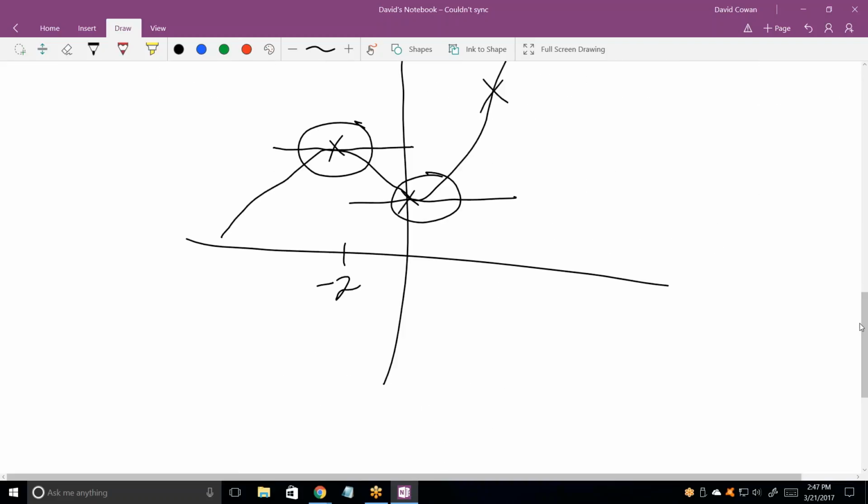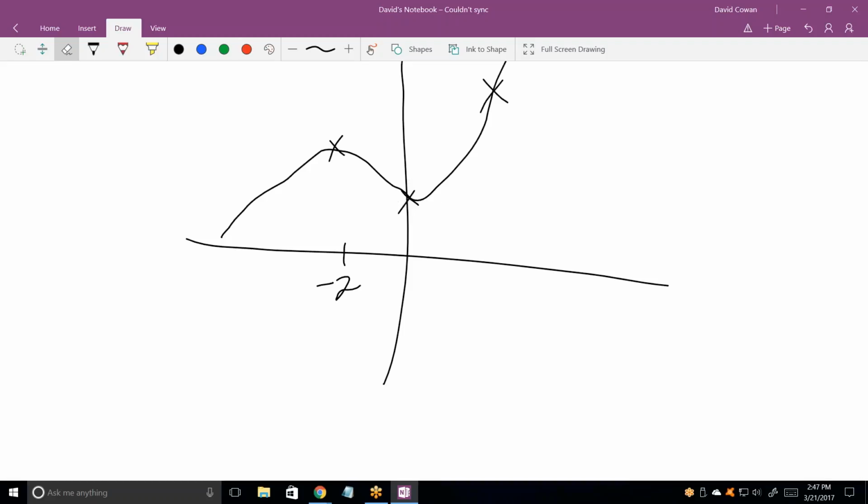Well, if I go back and look at these 2 points, the thing I notice, the first derivative test, is the derivative is positive, correct? And then it's 0, and then it's negative. Then it's 0, and then it's positive.